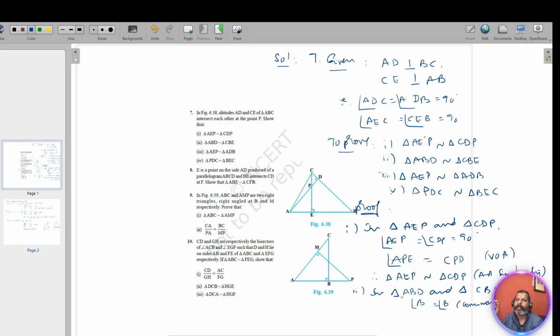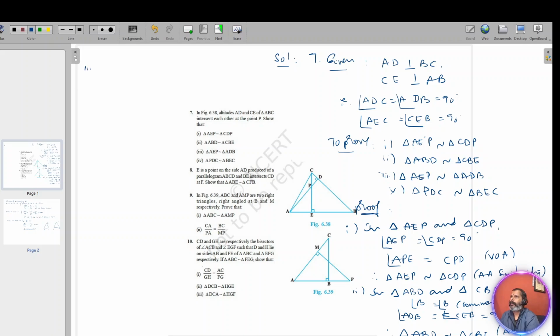Also 90 degrees will come. Check out. In ABD, we have ADB 90, right? We write that ADB equal to. In CBE, which is 90? CEB is 90, right? CEB is 90. They're done. Triangle ABD similar to triangle CBE by AA similarity. Okay. Clear?